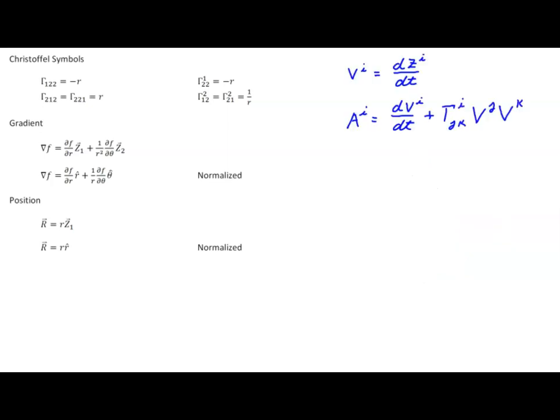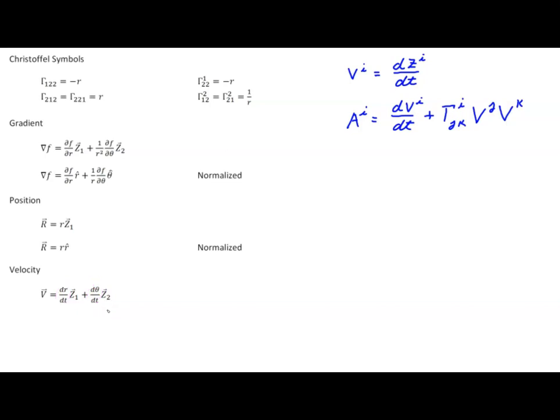All right, so now let's look at the velocity and the acceleration. We'll again fall back on our formulas from tensor calculus. The velocity vector is really simple. As always, we simply take the time derivative of each of our coordinate variables, combine them with our basis vectors to form a linear combination.